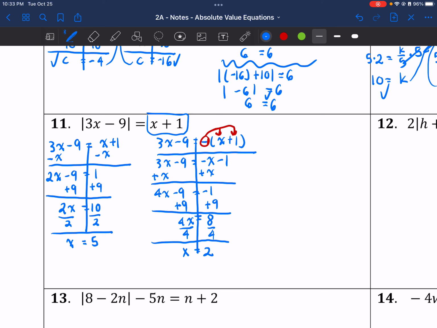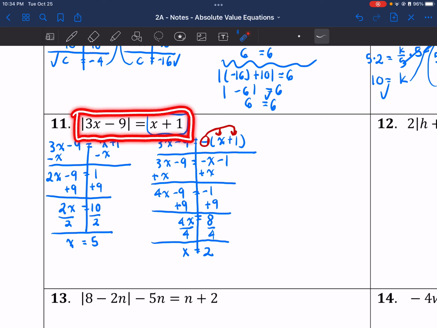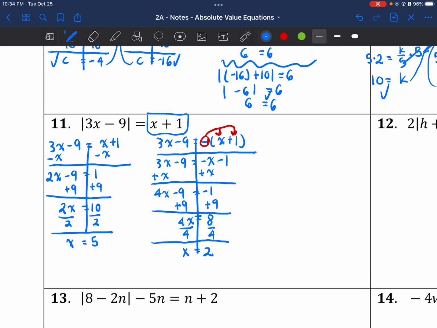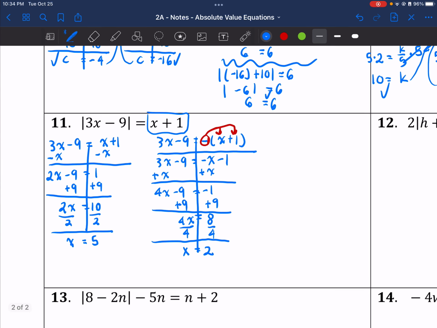Now we're going to plug these back into our original equation. Well, we didn't change our original equation at all because we didn't have to isolate a term. So we're going to plug it back into this. So we get x is equal to 5. Remember that we are plugging x into all of the places where our expression has x, so not just in the absolute value.